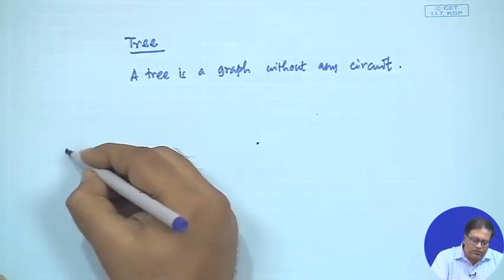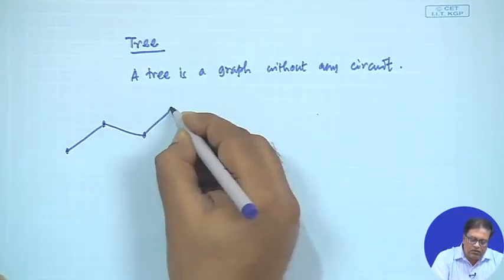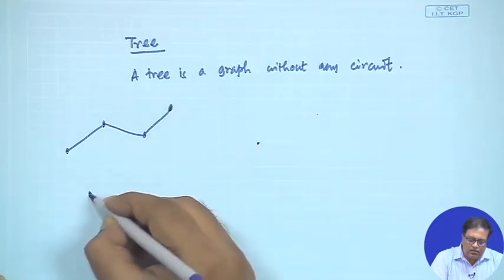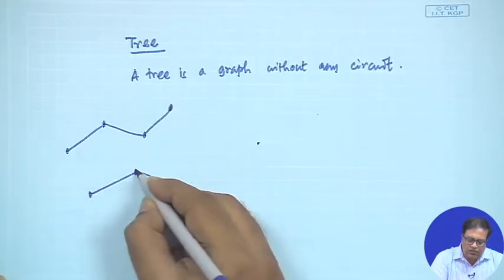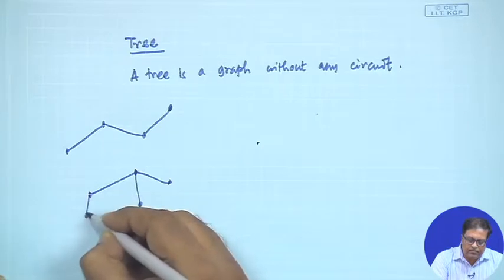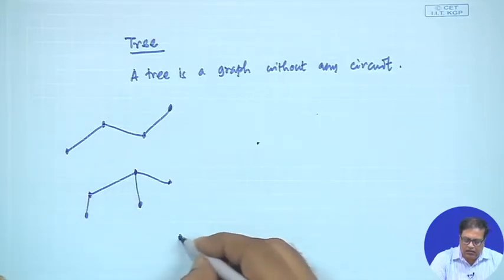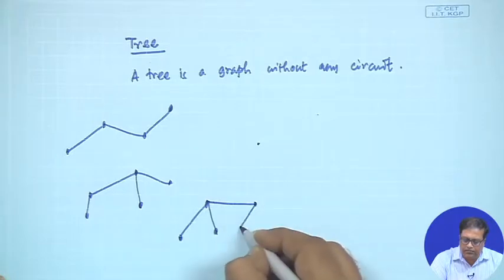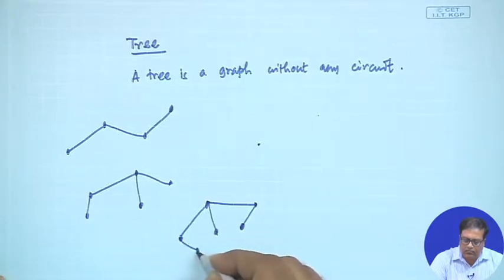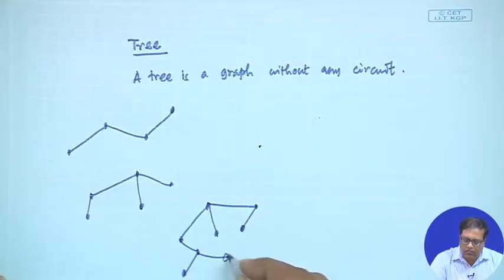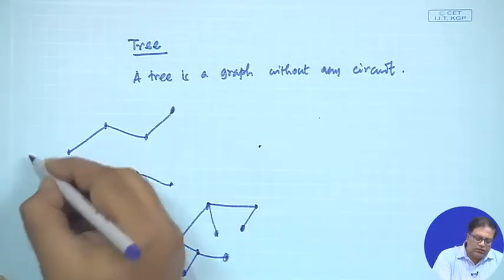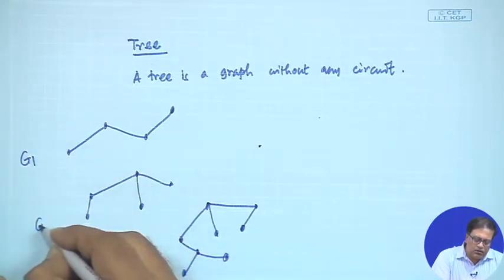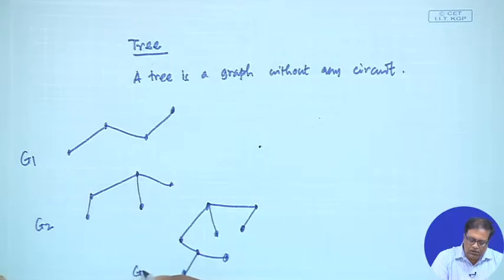So, suppose I draw something like this, or something like this, or like this. So, G1, G2, G3.